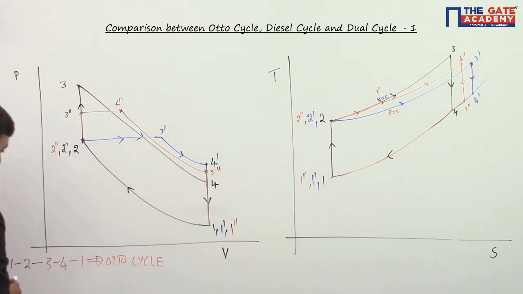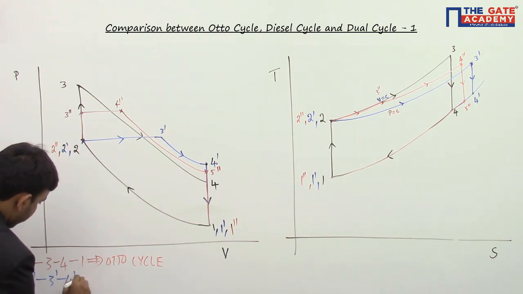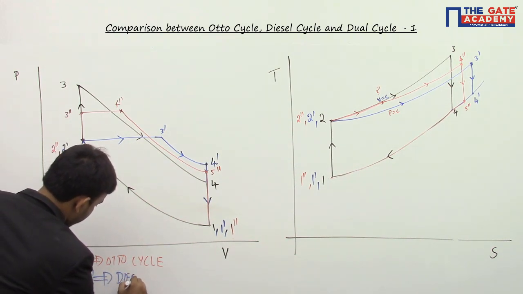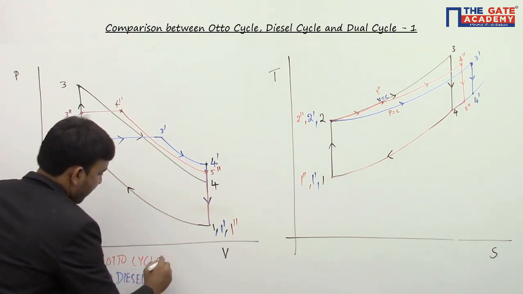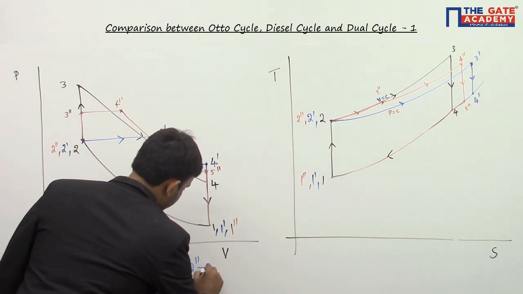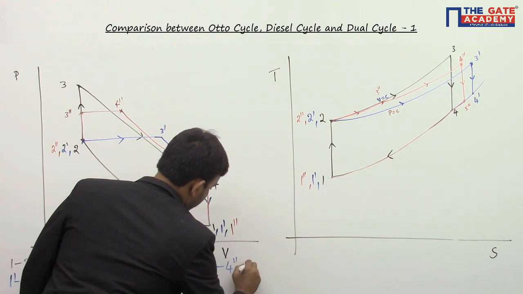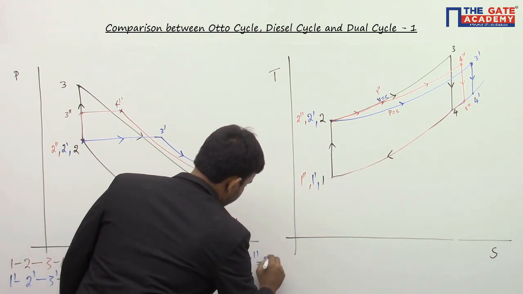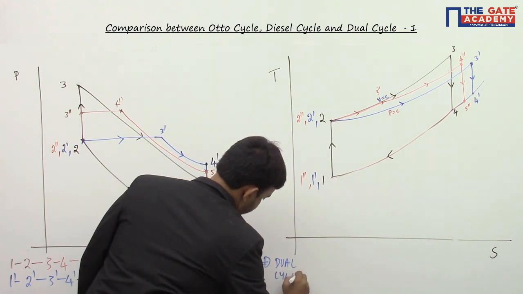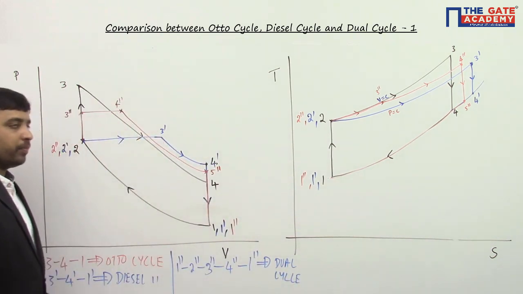The cycle 1 dash, 2 dash, 3 dash, 4 dash, 1 dash is the diesel cycle. And the cycle 1 double dash, 2 double dash, 3 double dash, 4 double dash, 1 double dash is the dual cycle.